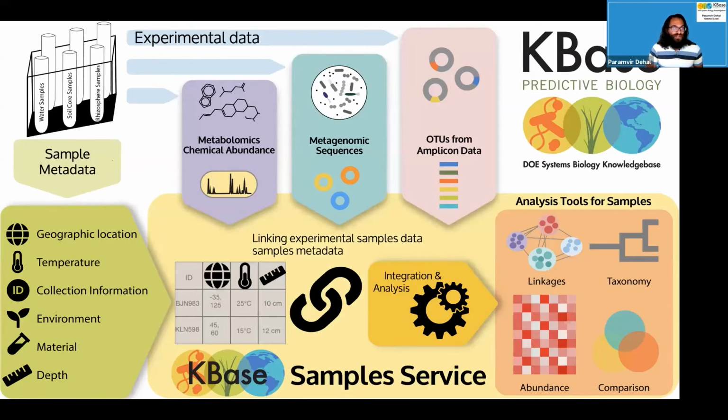What we're trying to do is capture the sample metadata, which is shown on the left-hand side of this graphic. This includes all of these attributes of how that sample was collected, some of the properties of that sample, and then links that to the actual experimental data. So if you have metabolomics, chemical abundance data, metagenomic sequences, or amplicon data, you can link those attributes together.